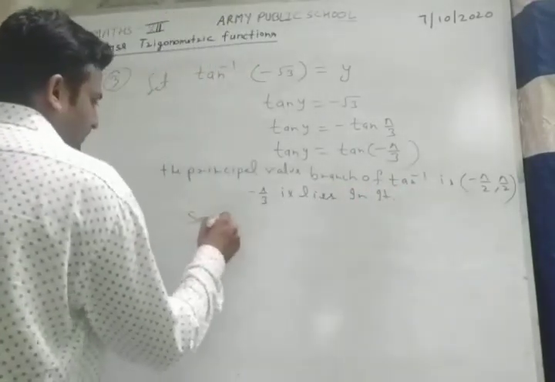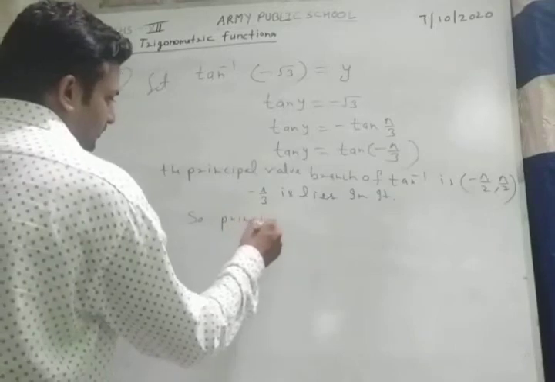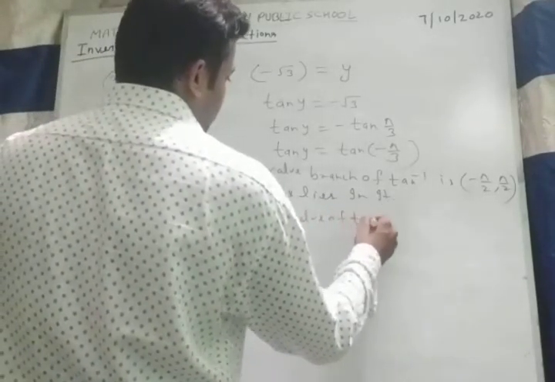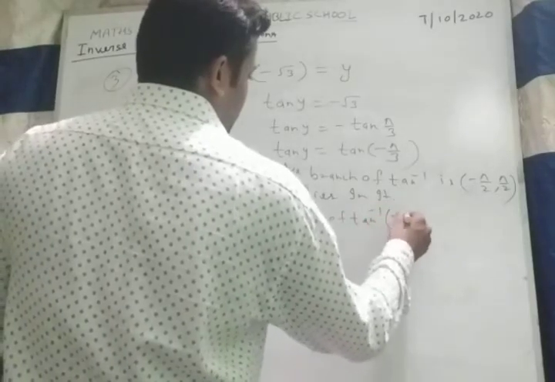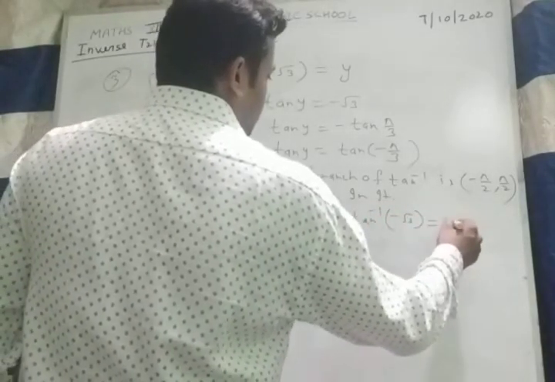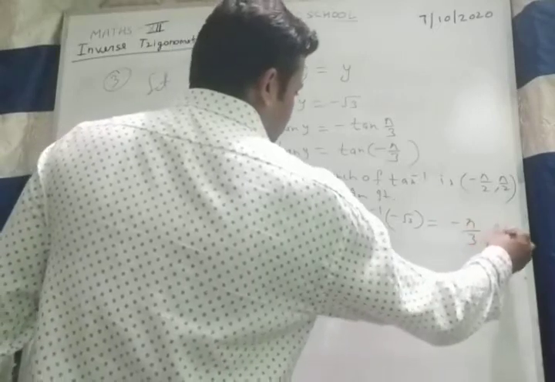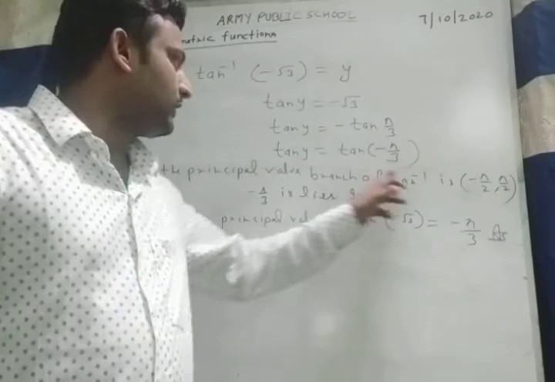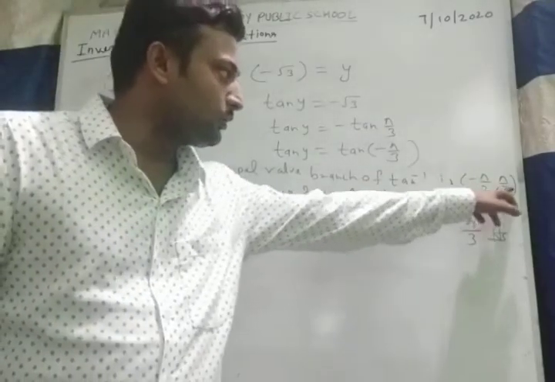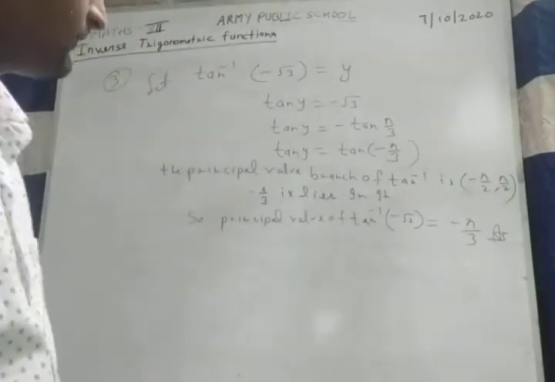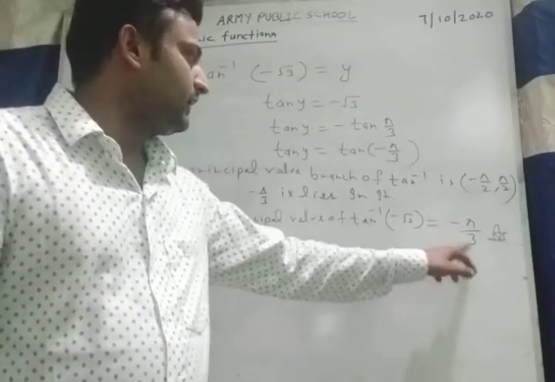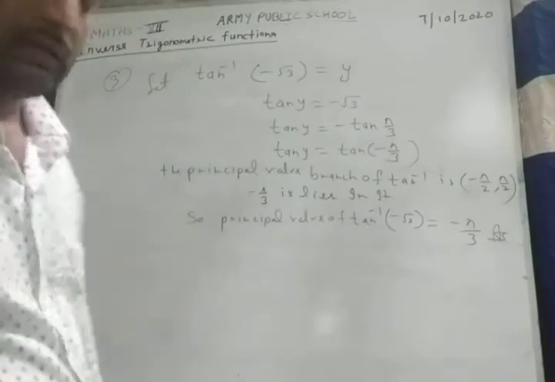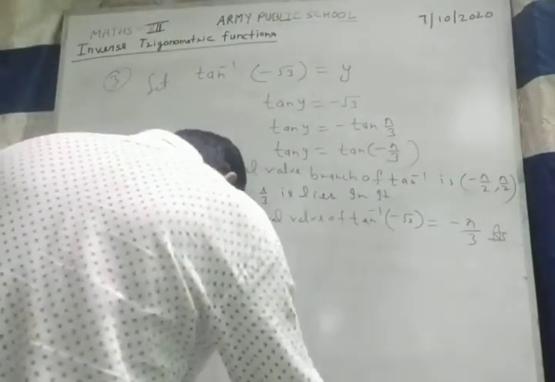So the principal value of tan inverse of minus root 3 is equal to minus pi by 3. Okay, because the principal value branch of tan inverse is minus pi by 2 to pi by 2, and minus pi by 3 lies between it. So it will be our answer. Next question.